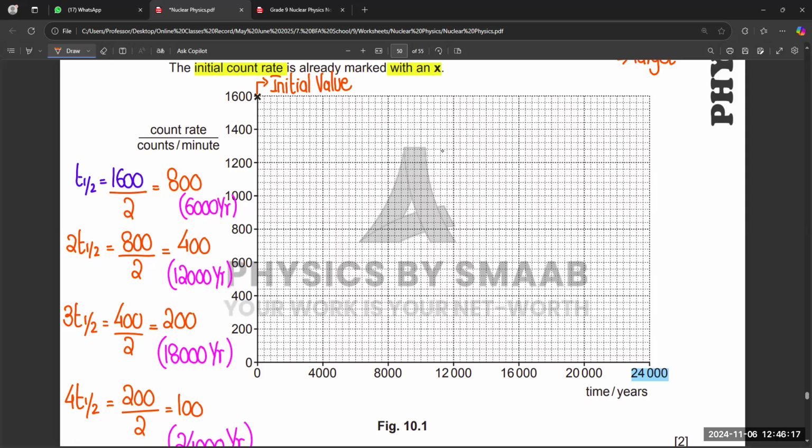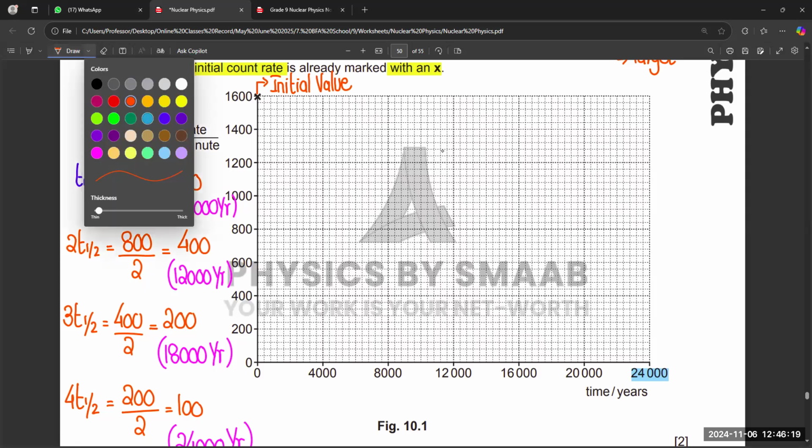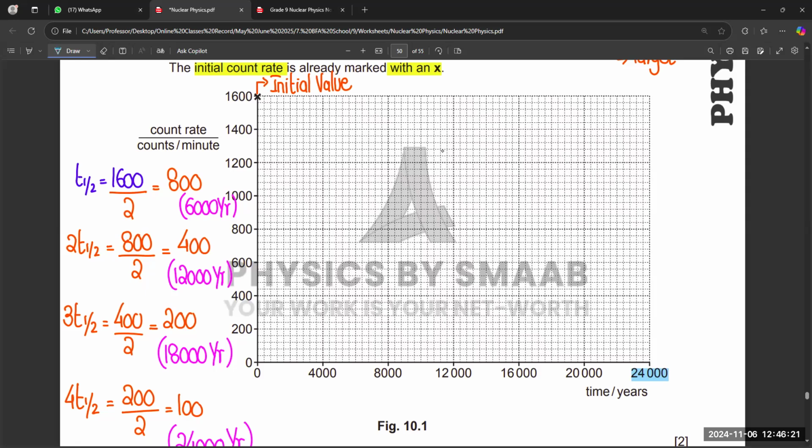Okay. So we need to mark a point on 800 in 6,000 years. So this is 800. And where will we find this 6,000 years on the x-axis?